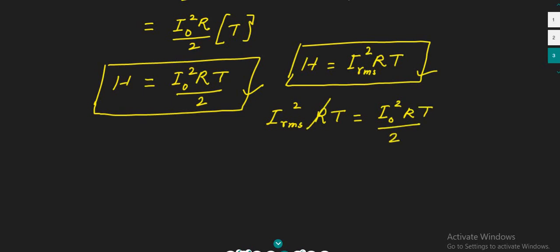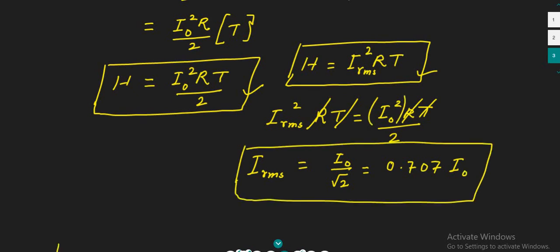Then you can cancel R and T on both sides and you get the value of I RMS equal to I naught by root 2, which is equal to 0.707 I naught. This will be the final value of the effective value, you can say I RMS value or effective value or the virtual value. Got it?